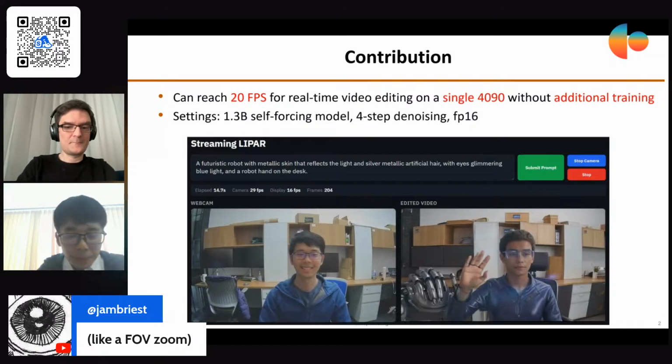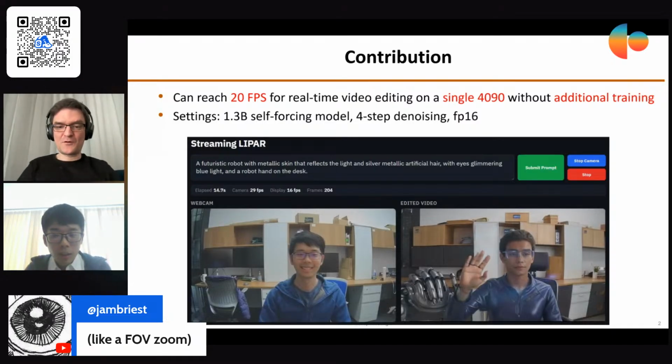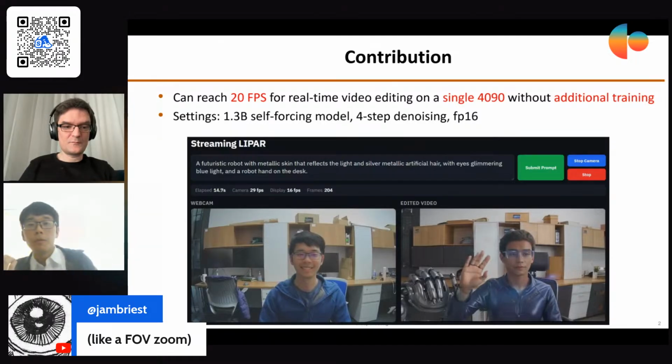Sorry, the follow-up comment here from Jambri was that it's more like a FOV, field of view, zoom mechanism here. So I think the critical point is whether the camera moves. When you are doing the zoom, usually the camera does not move that often.